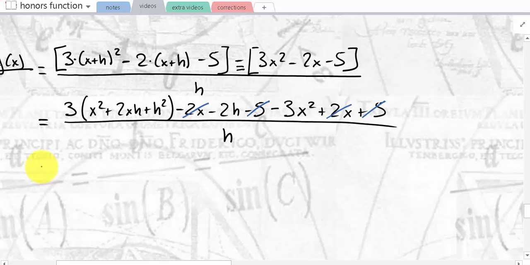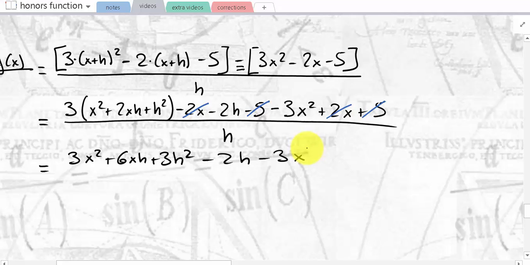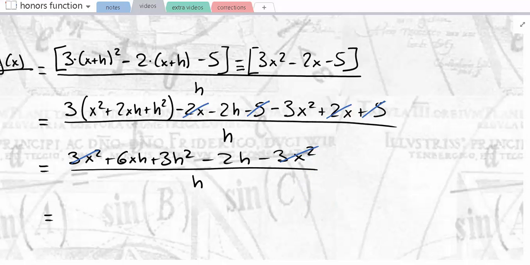All right, let's continue. Equals 3x squared plus 6xh plus 3h squared, minus 2h minus 3x squared, everything over h. So it is equal to, oh, and now it's the x squared that are going. 3x squared minus 3x squared, okay?